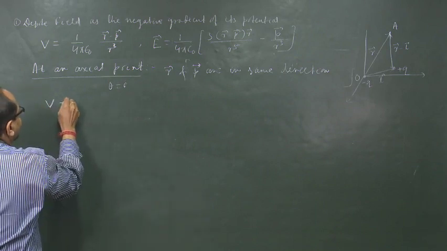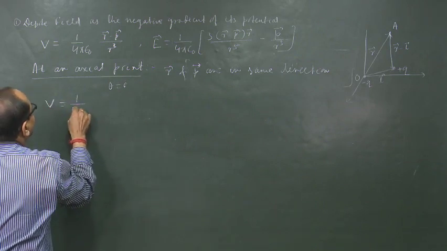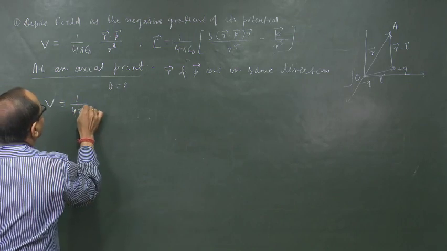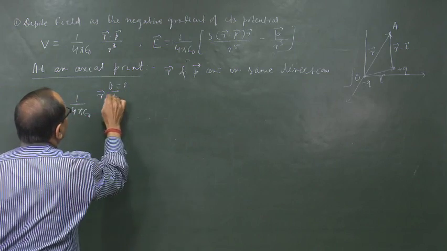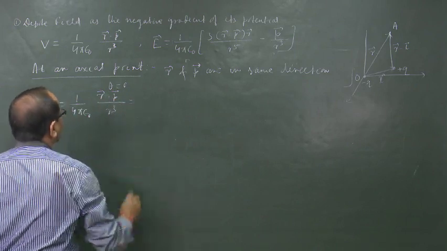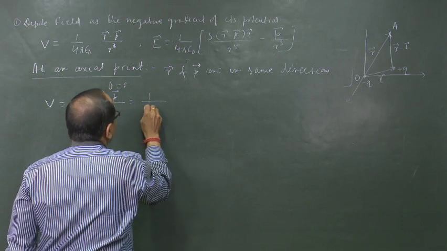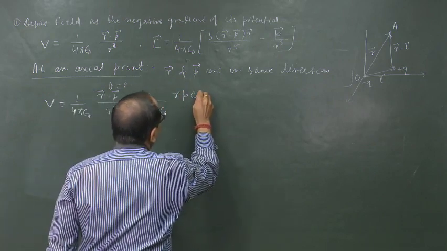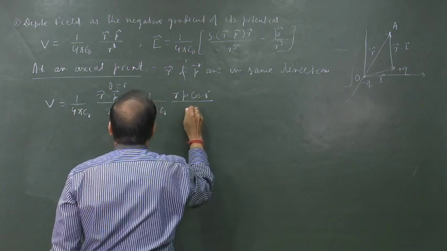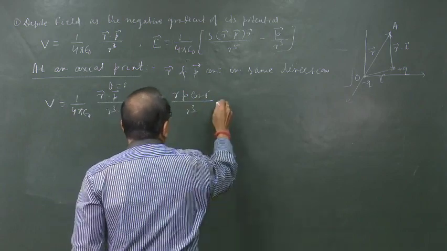So, potential now becomes 1 by 4 pi epsilon naught r dot p by r cube, which now becomes 1 by 4 pi epsilon naught, r dot p is r p cos theta, and theta is here 0 degree, cos 0 divided by r cube. Cos 0 is 1.